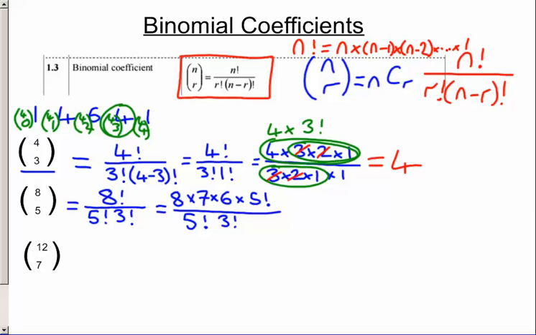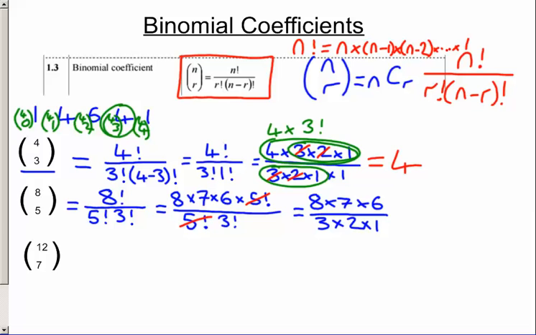But now we have a 5 factorial on the bottom and on the top, so we can cancel them out. We don't need to work out 5 factorial. So we write out the numbers until we get to the biggest number that also appears on the bottom. Now we're going to write out the numbers. 8 times 7 times 6 over 3 factorial on the bottom, so it's 3 times 2 times 1.